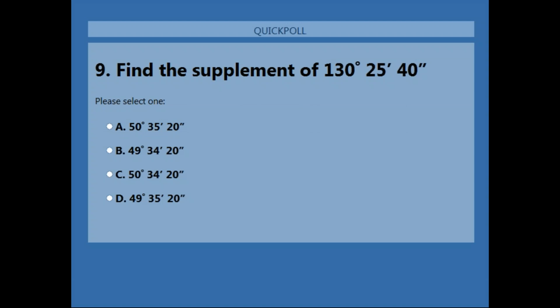Remember that we have to borrow twice. We have to borrow once from the degrees column, and then we have to borrow again from the minutes column. Twenty more seconds, and we are able to go ahead and do the question together.